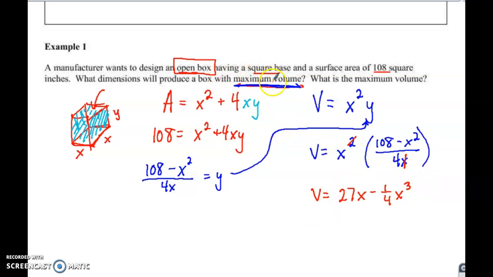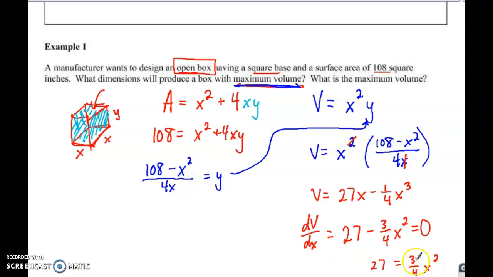So when we find the maximum volume, that means we need to take the derivative. So dV/dx would equal 27 minus 3/4 x squared. And from the extreme value theorem, we have to set that equal to 0. And then I can solve for x, subtract or add that over.